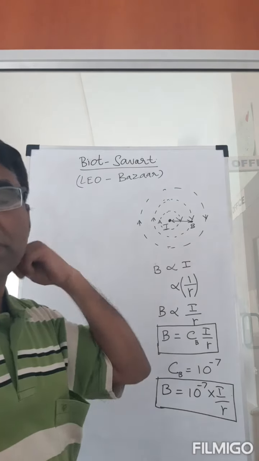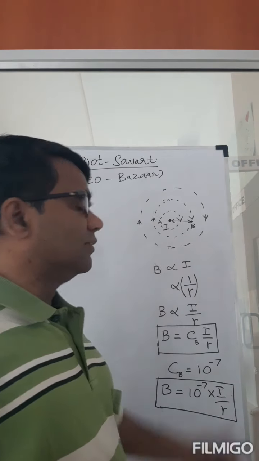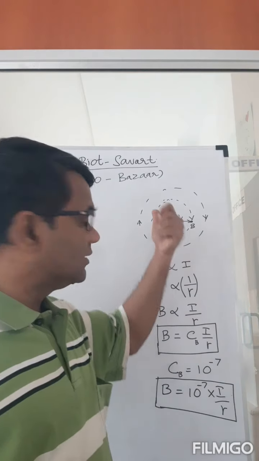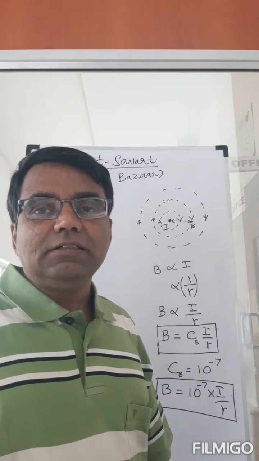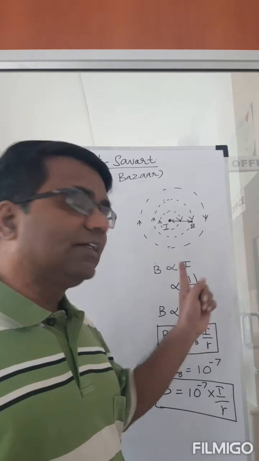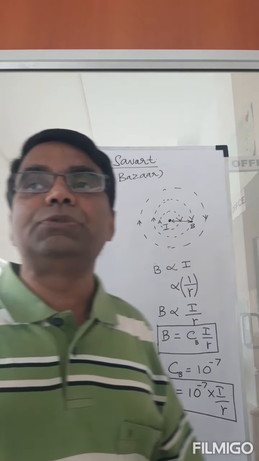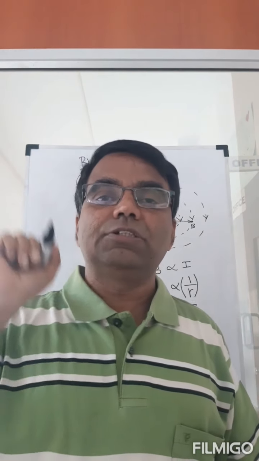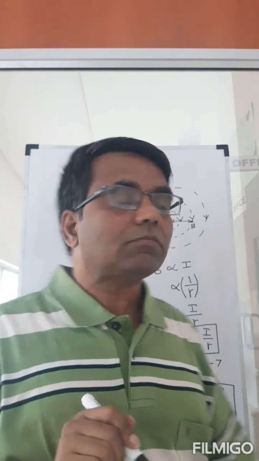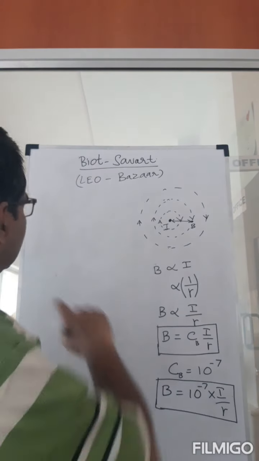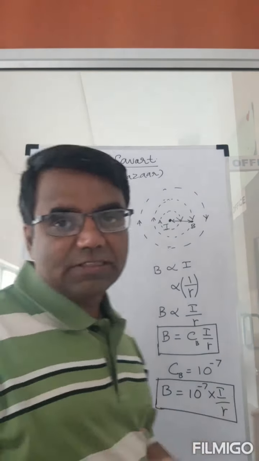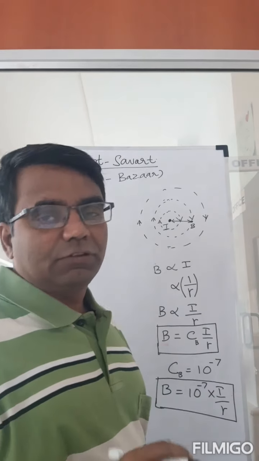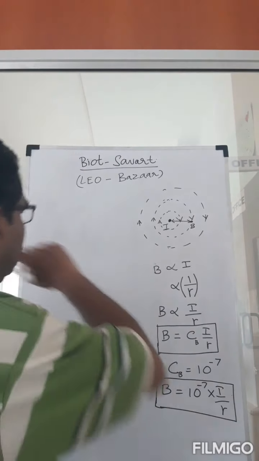So Biot-Savart. They looked at this and then they found a similarity between this and the electric field, not the magnetic field, the electric field produced by an infinitely long charge. You also have come across that in your electricity part of your plus 2 portions.